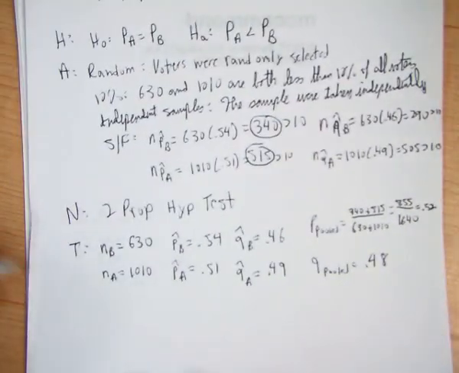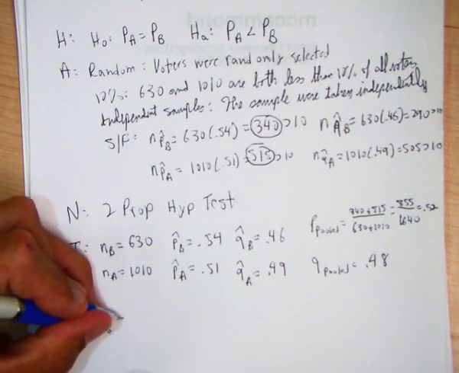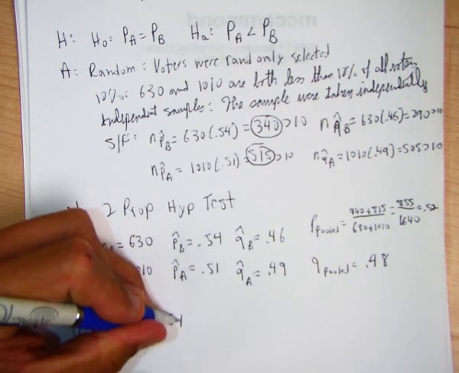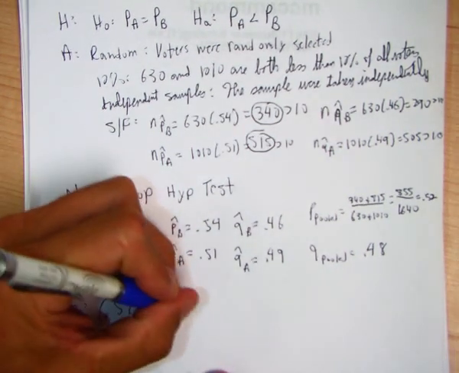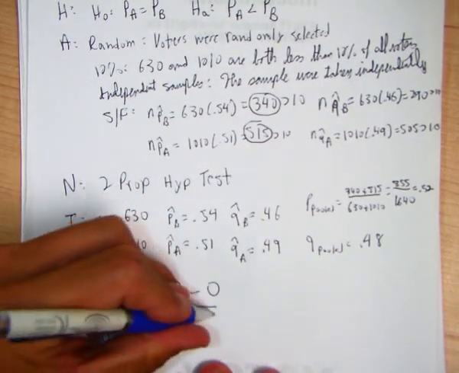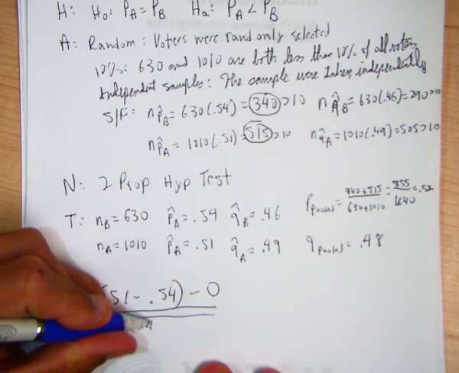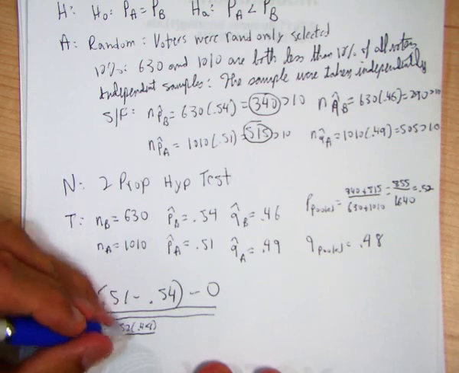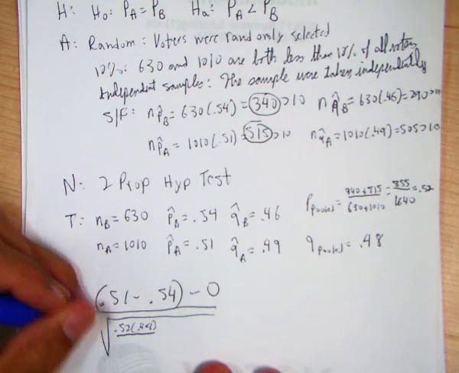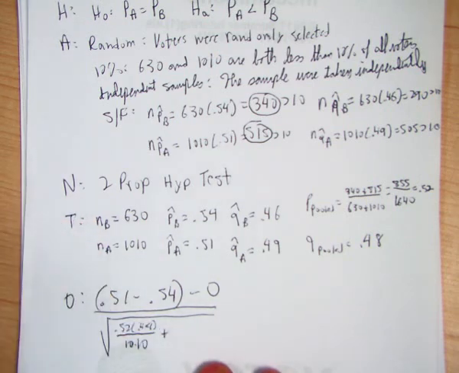Obtain the test statistic. So I'm going to do p hat after minus before, minus 0 because we don't think there's a difference, over the square root of p pooled q pooled, that's the after.